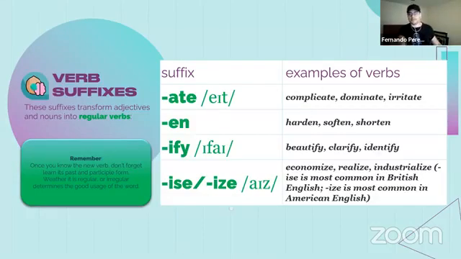Here you have some examples: complicate, dominate, and irritate, which can transform into nouns. For example, complicate, complication, complicated. Complicated is an adjective. Dominate, domination, dominated, dominating.